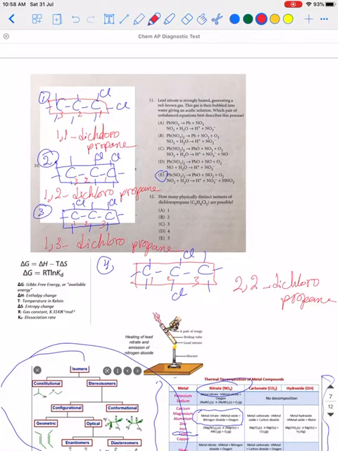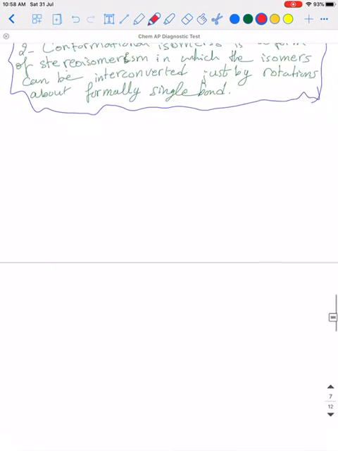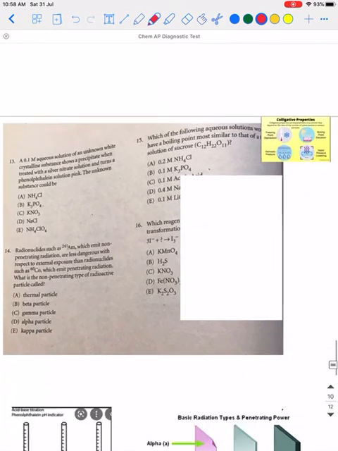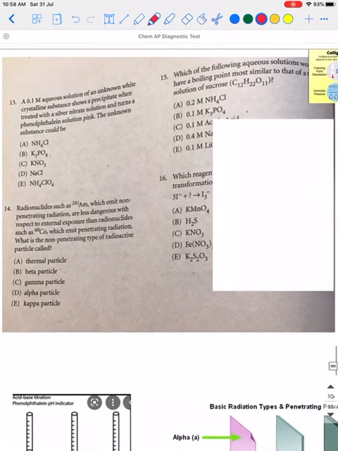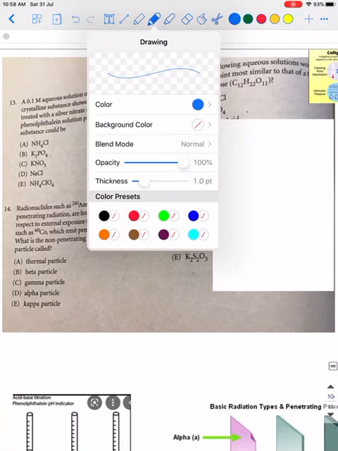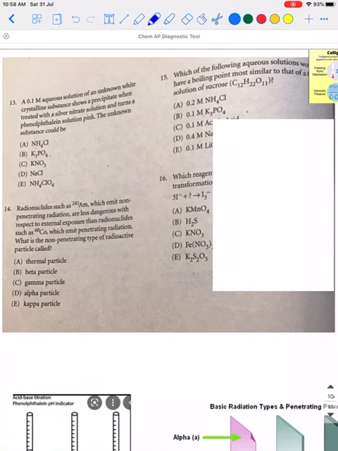So these are the 4 isomers that I can talk about, and the best answer for it is part B, which is 4 isomers. Now let us move to number 13.